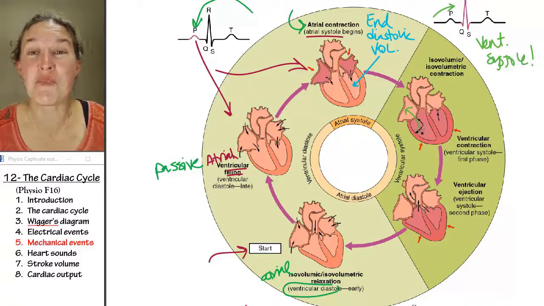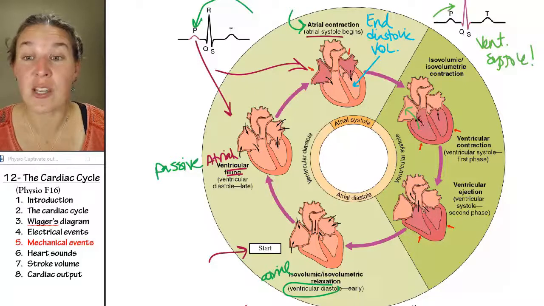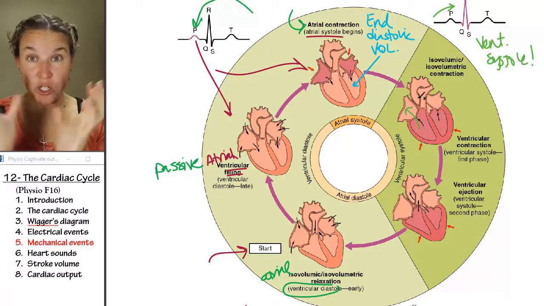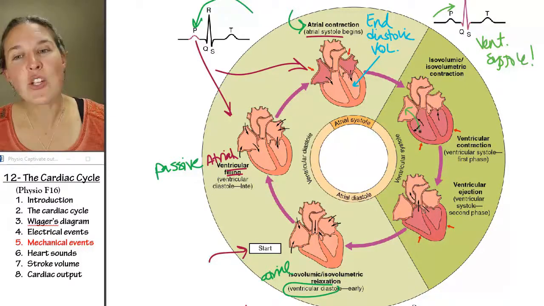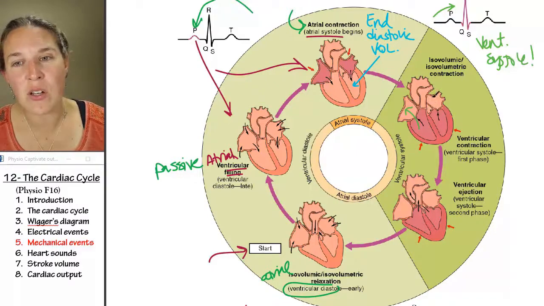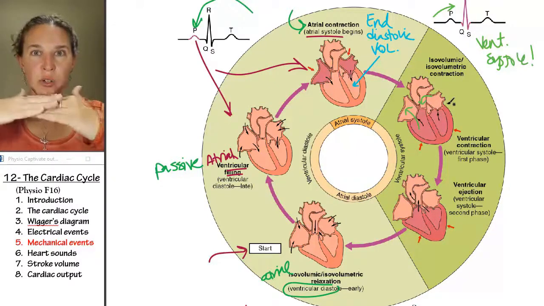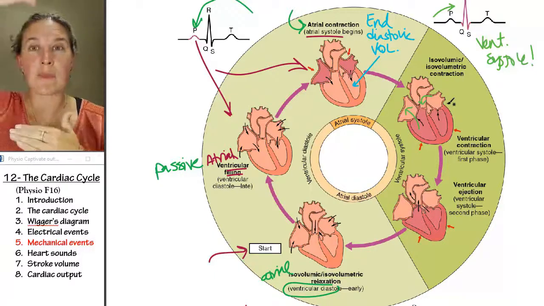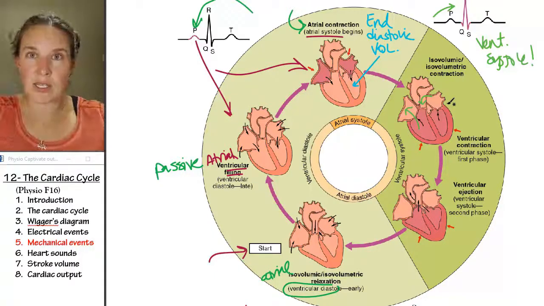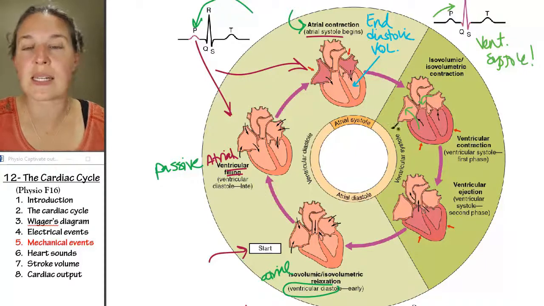So for a brief moment, you have the AV valves closed because the pressure was increasing, and you also have the semilunar valves closed. Remember, the semilunars are the ones that close off the ventricles from the big arteries that take the blood somewhere else, either to the lungs or to the body.